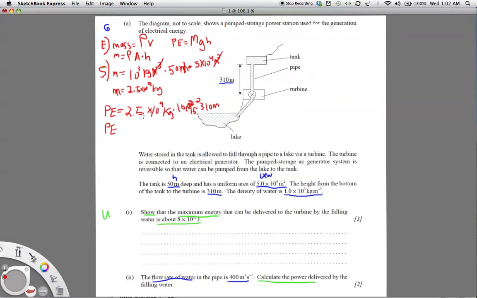When you calculate it out, you have to calculate it to one significant figure. I got 7.6 times 10 to the 12th. I'm going to round that to 8 times 10 to the 12th joules. And a joule is a kilogram meter squared per second squared.